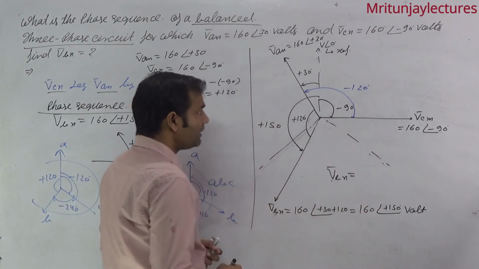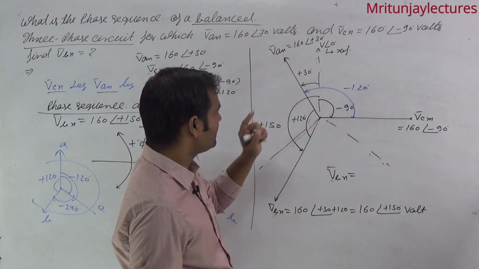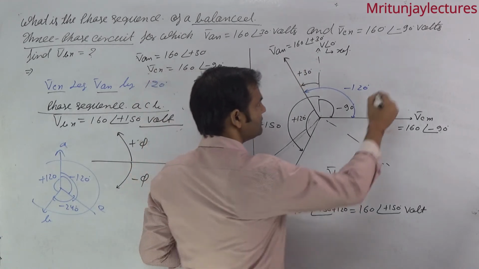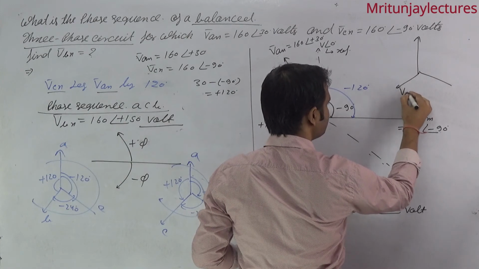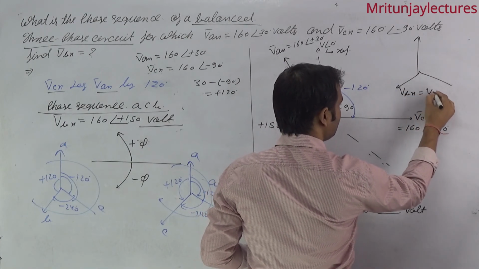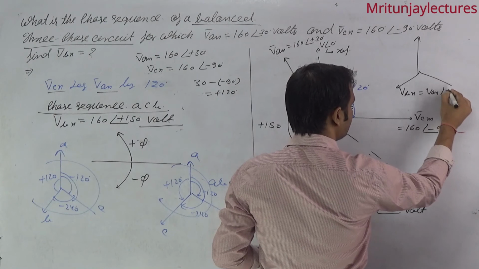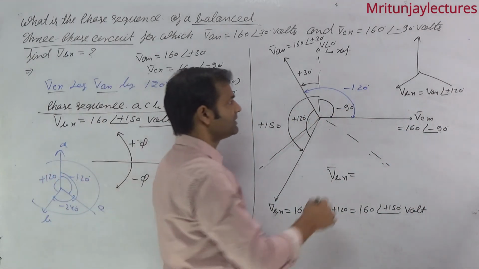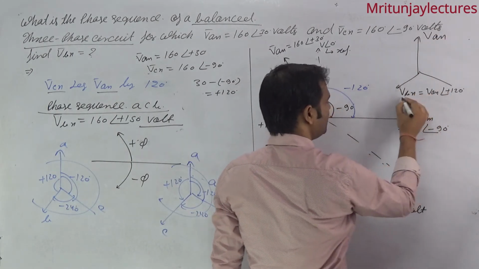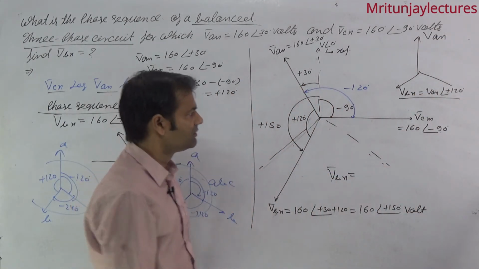I know that if VAN is represented like this one, then VBN is written as VAN at the angle plus 120. If VAN is represented like this one, then VBN is represented like this one.